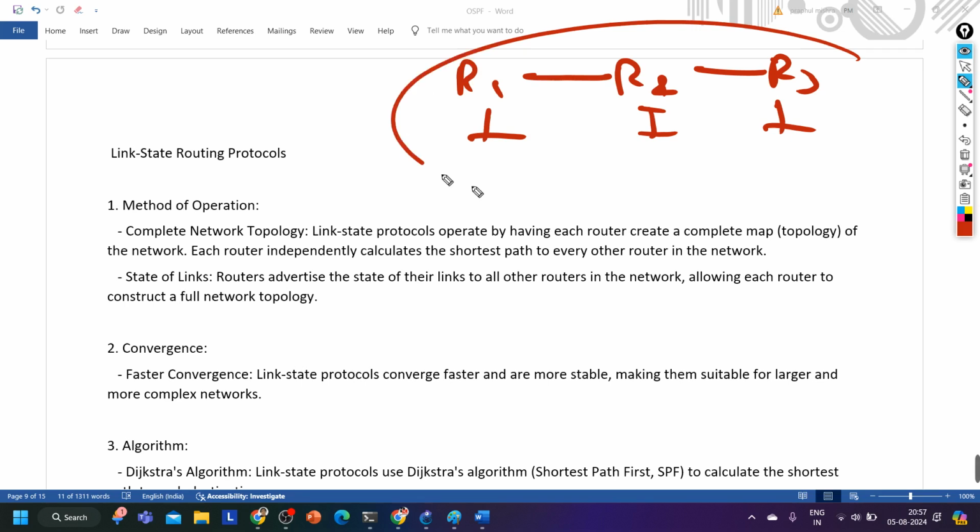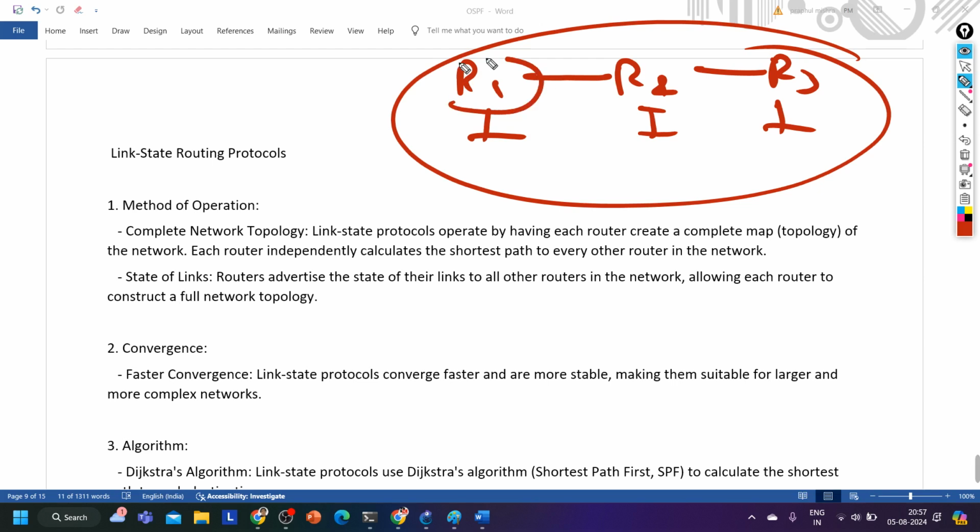Then we'll hide the diagram and, with the help of the console and configuration, design the same diagram. Then you will see how a router can build the complete network by checking its database. So a router in OSPF, a link state routing protocol, can build the entire topology by checking its database.